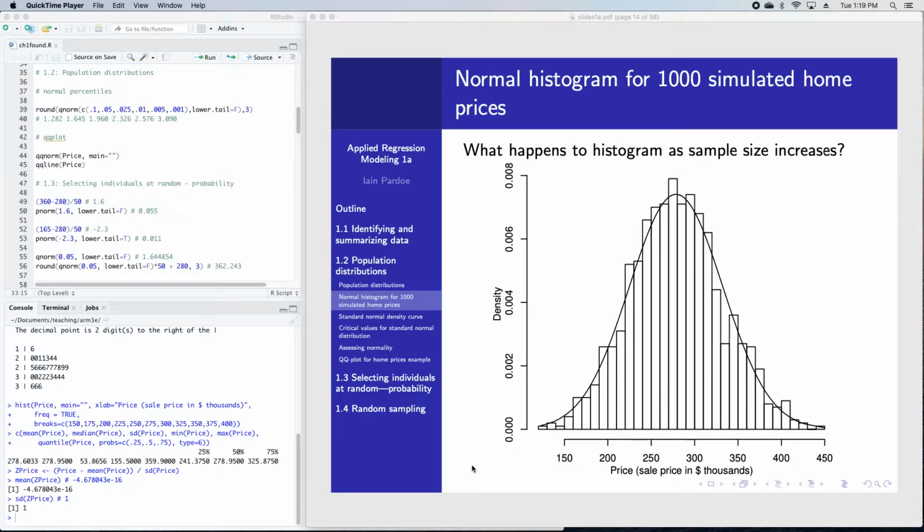And one way to do that is to think about what would happen to a histogram as the sample size increases. So if we have more and more data, then we can make the bars in a histogram narrower and narrower. And eventually we can think of the histogram as being smoothed out with a line going through the tops of all the bars.